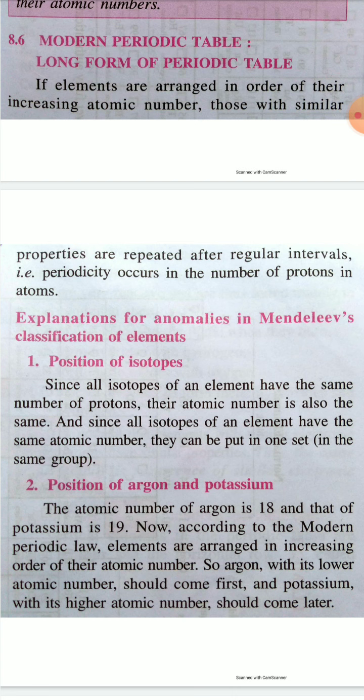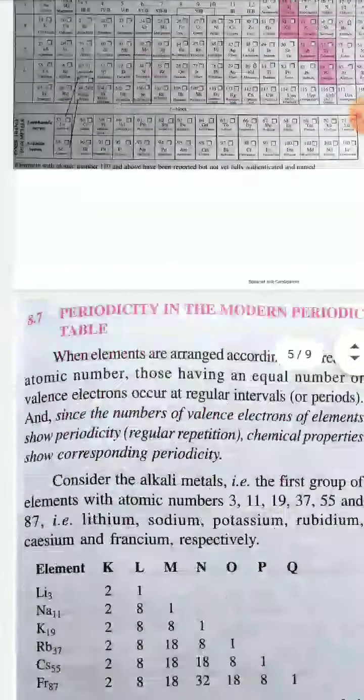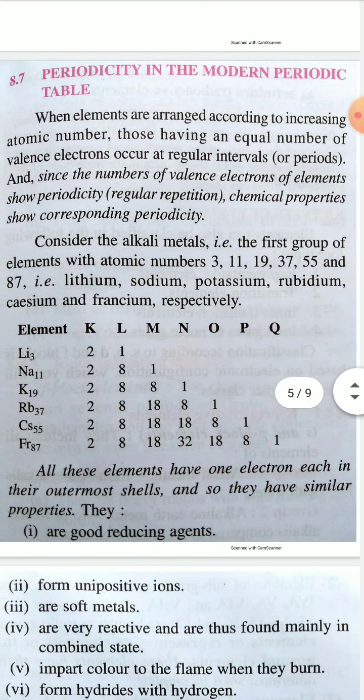In the modern periodic table, the elements are arranged in increasing order of their atomic number. So, argon with its lower atomic number should come first, and potassium with its higher atomic number should come later.